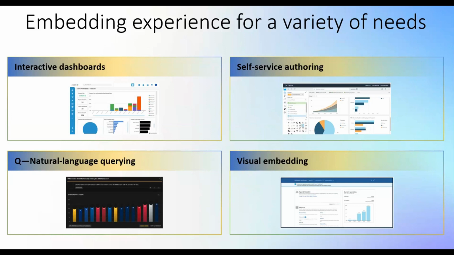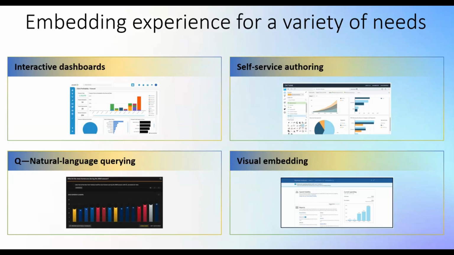That visual can just be taken and embedded onto the landing page. There are various examples for visual embedding, but that is one of the use cases. So these are various experiences that QuickSight supports out of the box.